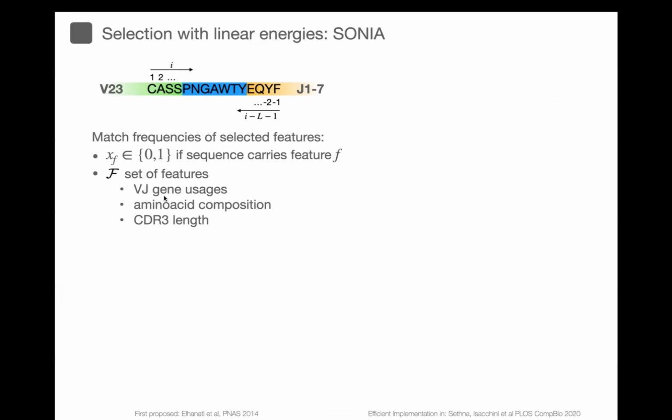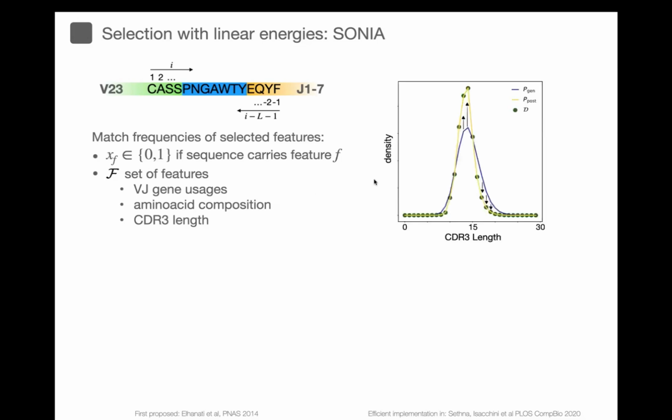What we do is look at the amino acid receptor sequence of the TCR or the BCR, look at the V and J genes and at the CDR3 length, and try to understand the difference between the underlying expectation from VDJ recombination and what we actually observe in a specific T cell or B cell subset, or in the peripheral blood. And what these selection models really do is that they have some expectation here in blue from Pgen.